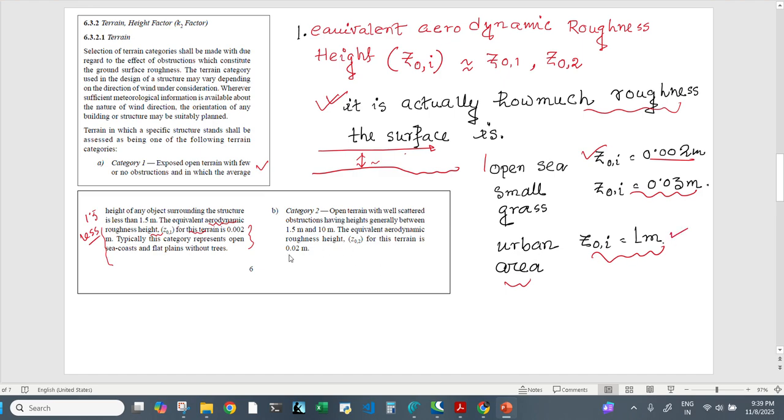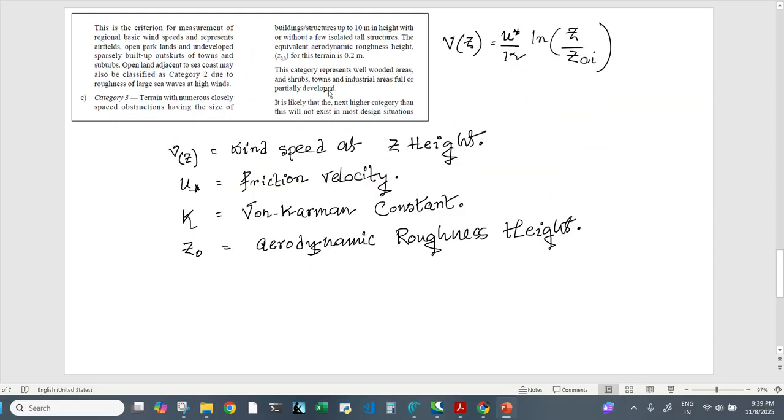For category 2, we take 0.02, and for category 1, we take 0.002. It is clear. Now, how does aerodynamic roughness affect?